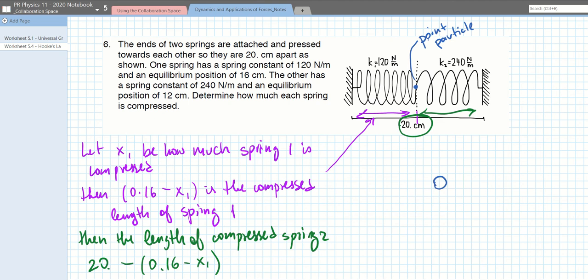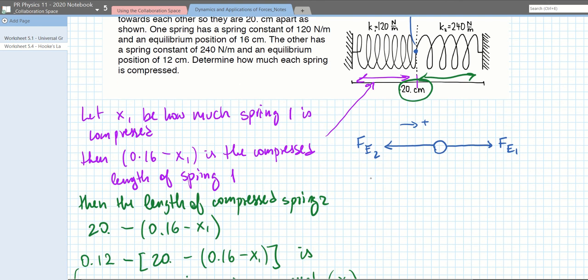We're going to have spring 1 pushing it to the right. So let's say this is our Fe1, the elastic force of spring 1, and then spring 2 is going to push in the opposite direction. Because this is just a massless point particle, there's no gravity acting on it, so we can ignore any other forces. These are the only two forces that we're going to care about.